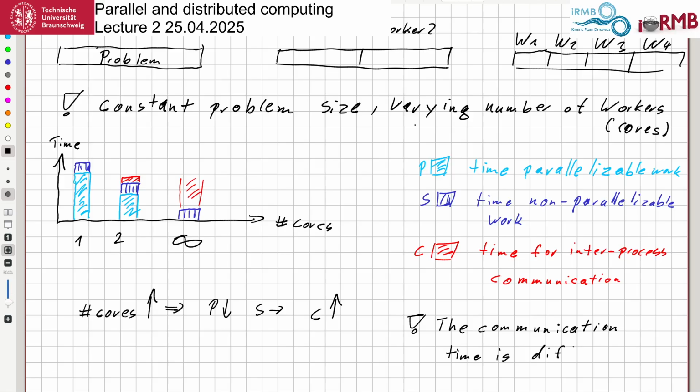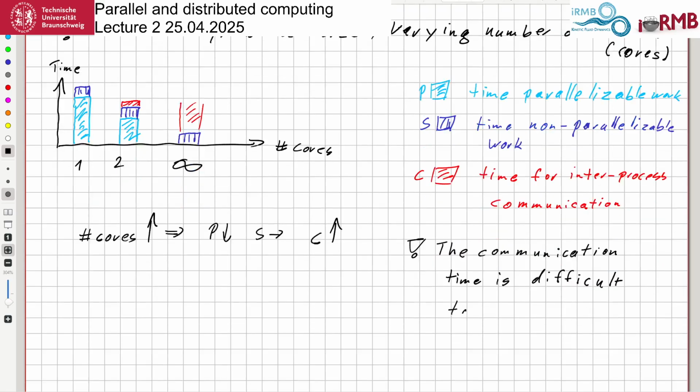But communication in general is difficult to estimate. So simple models neglect it.